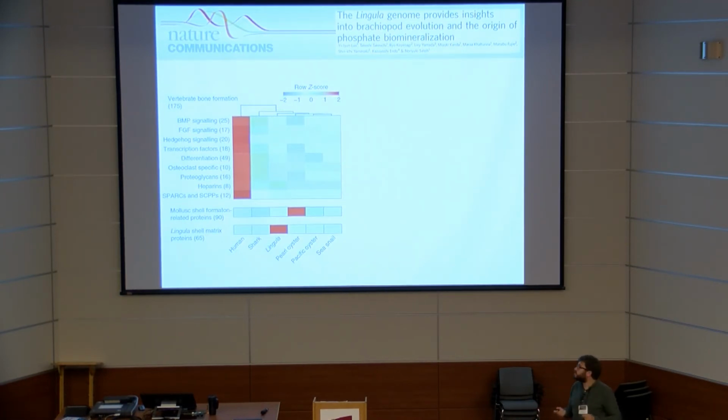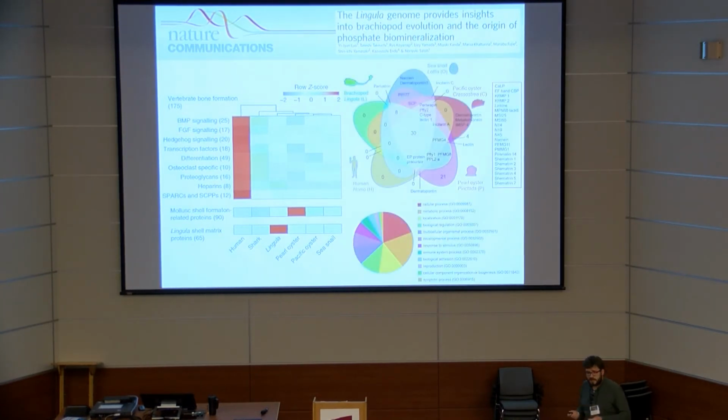So if we return to this study by Luo and colleagues, they demonstrated that the genes involved in biomineralization in vertebrates, in mollusks, and in brachiopods are different. Okay, so they're not directly shared.